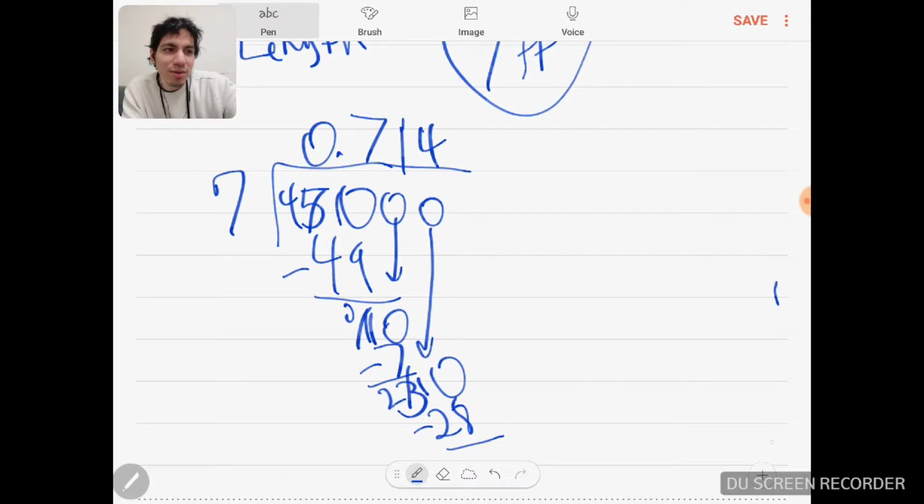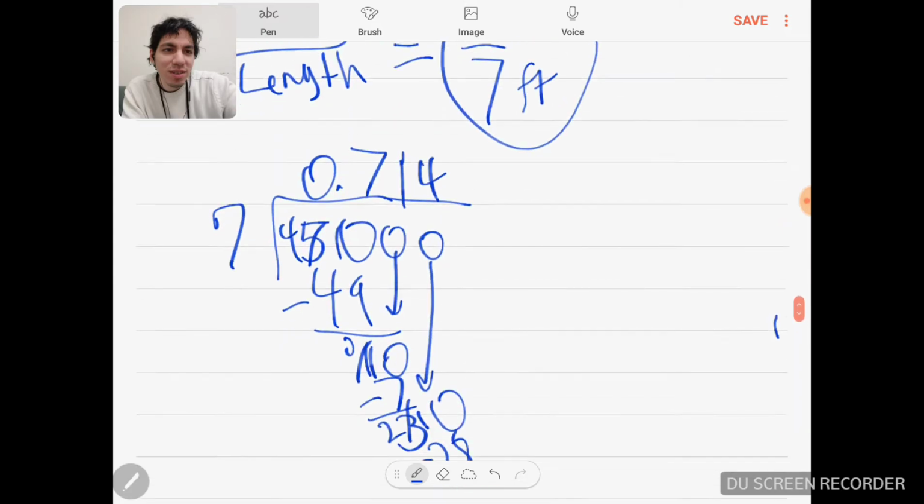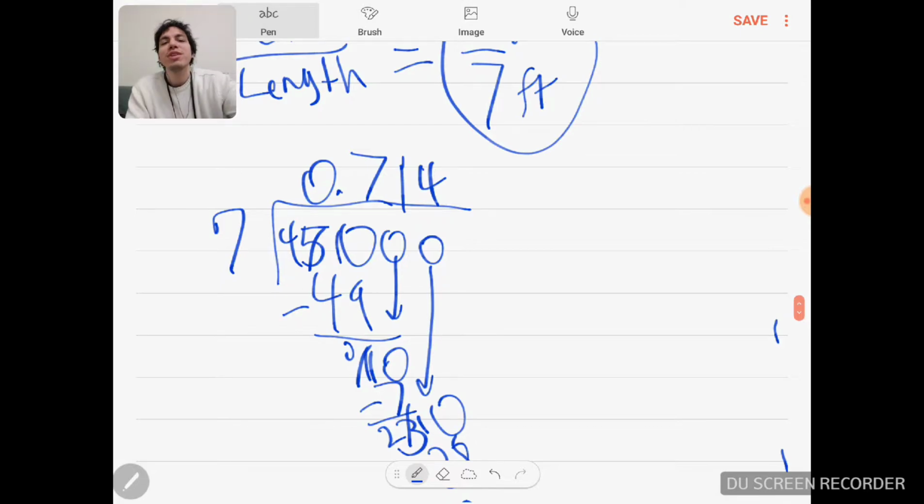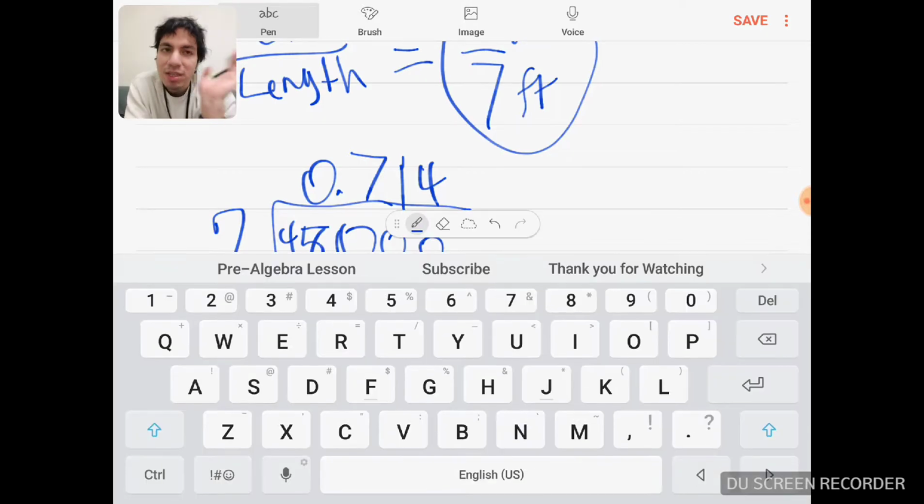I bring down, I need more space. So then I get 2. And remember that rule I told you about when you divide in decimals? I already know this number is going to keep going on and on, and we don't have time for that. Like I said, I'm stopping at the third decimal place because I know this number is going to go on for a very long time. So I'm not going to really worry about that much.